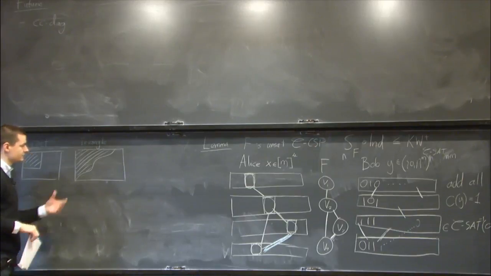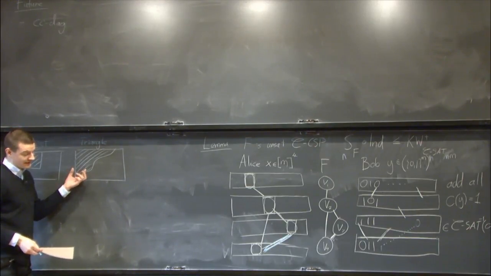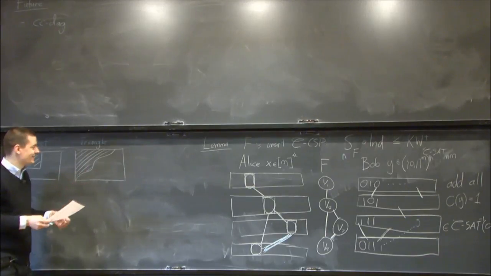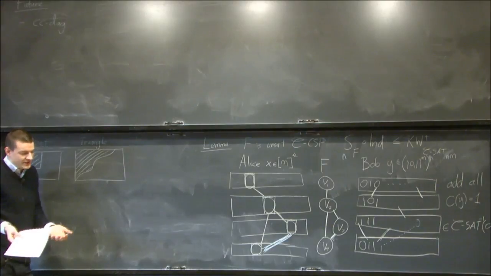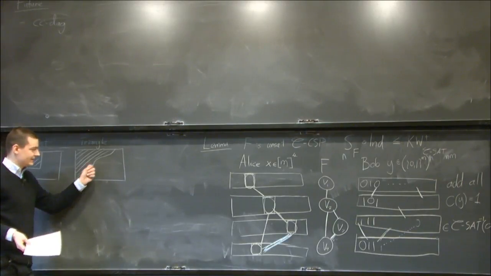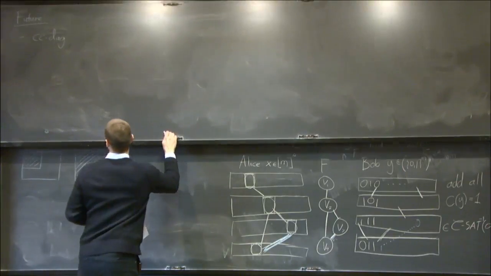In communication complexity, we sometimes talk about the greater-than function. If you have two binary strings interpreted as numbers and you ask which one is larger, basically this is the communication matrix for it. So these you can consider.